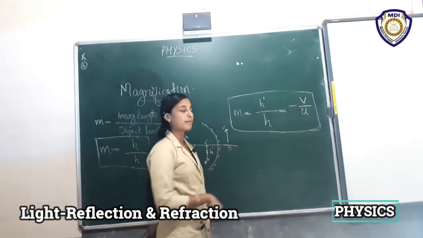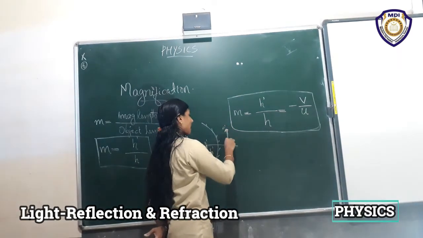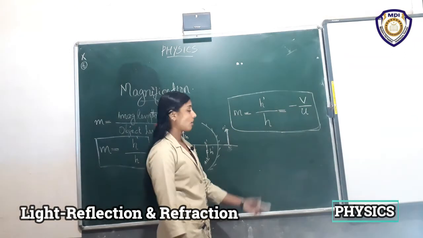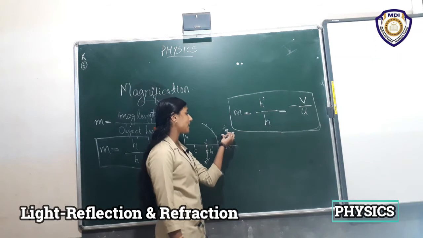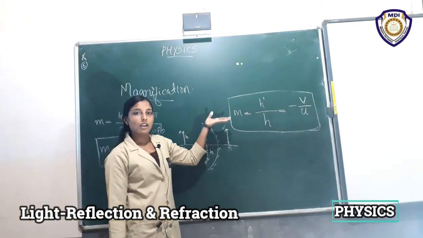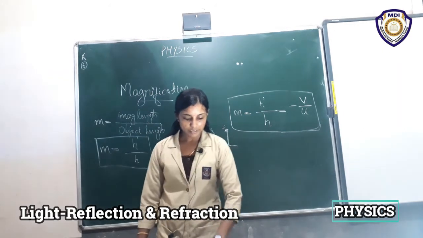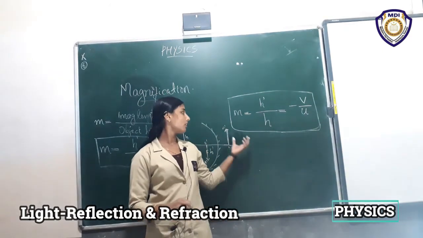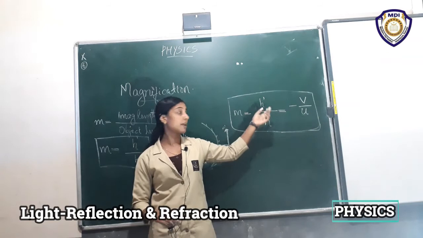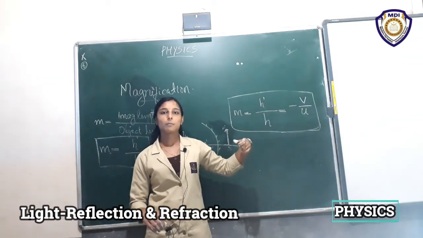If a virtual image is formed, suppose this is a dash b dash, it will always be erect and above the principal axis. So in the case of virtual images, the height of the image is also positive.